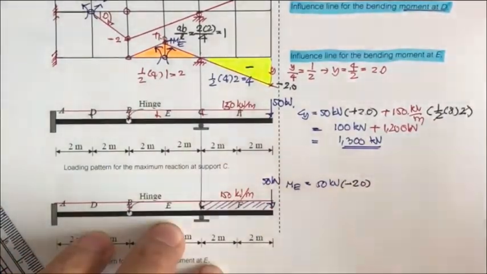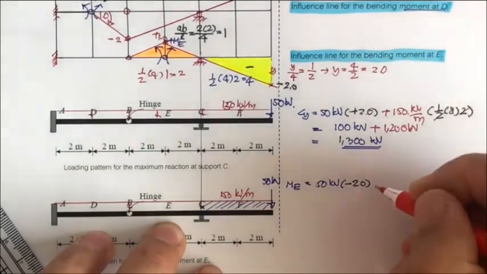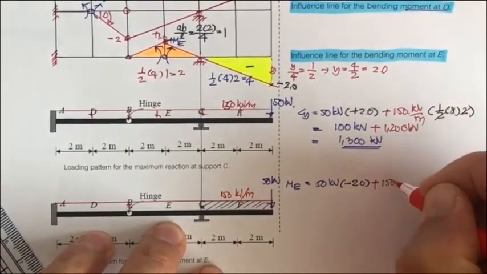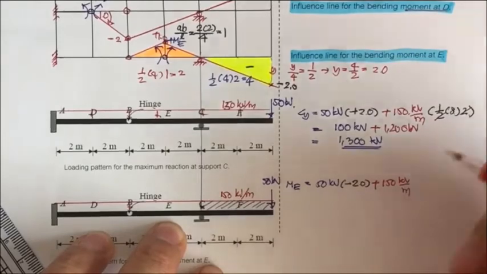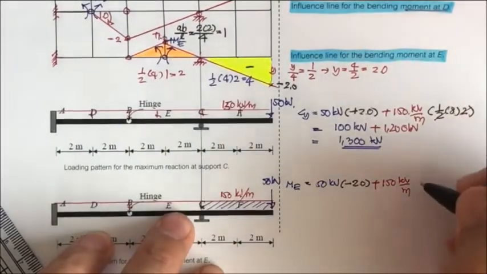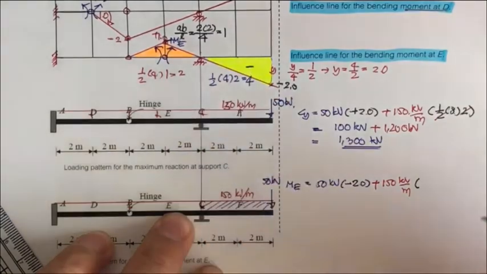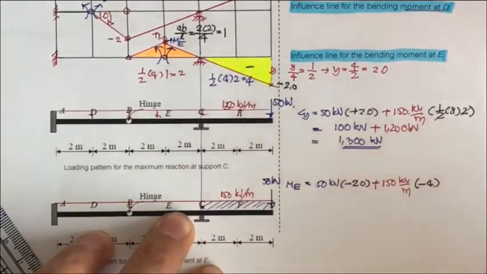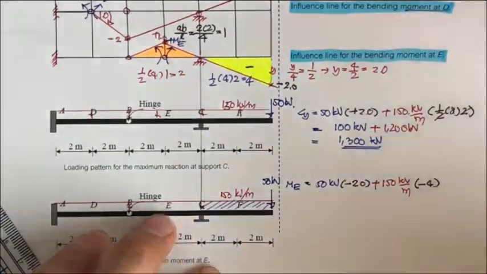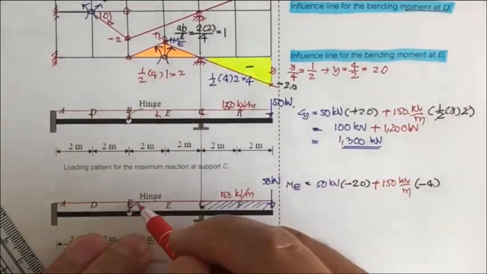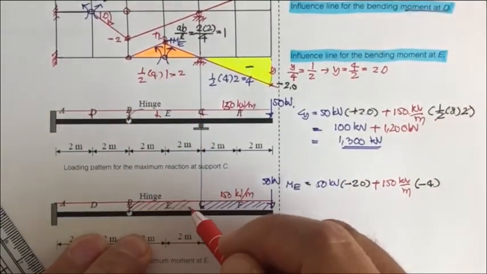So it's going to be plus 150 kilonewton per meter times this area, and this area is negative 4, so times minus 4, and the other portion here is going to produce positive effects.